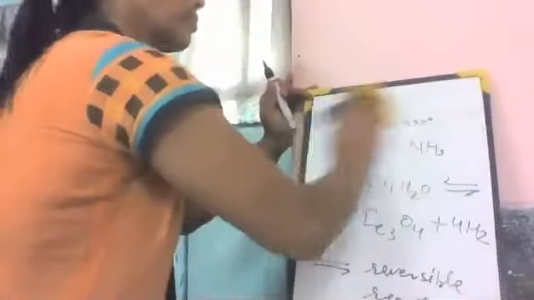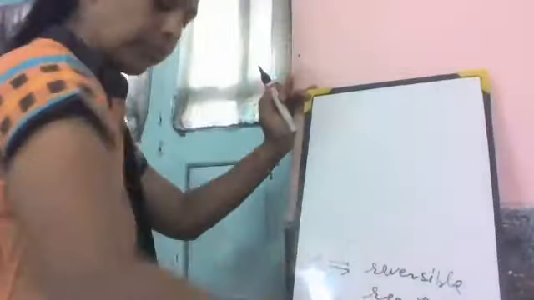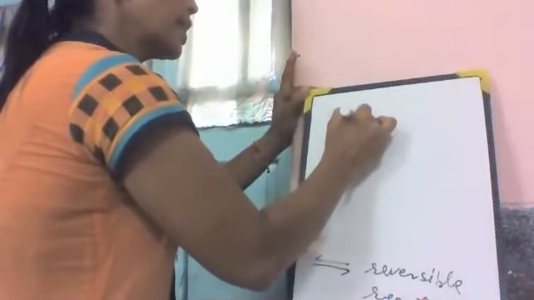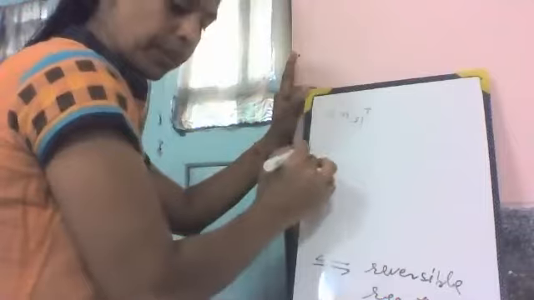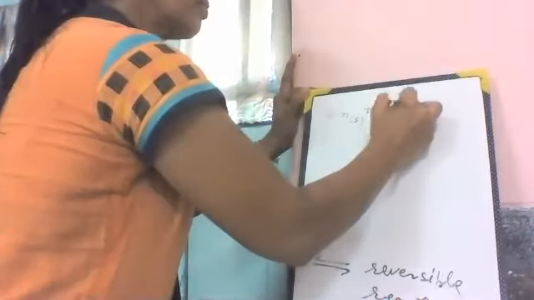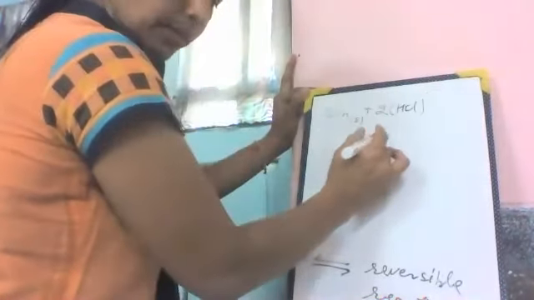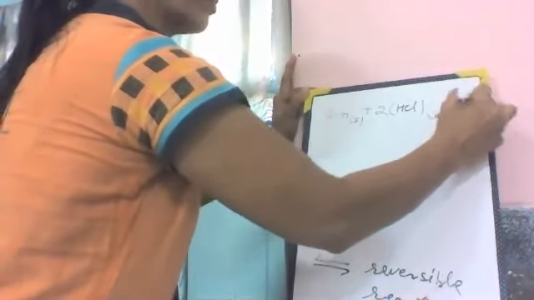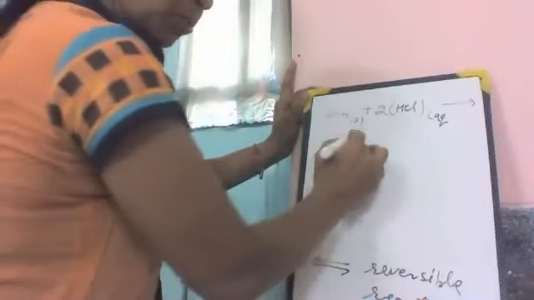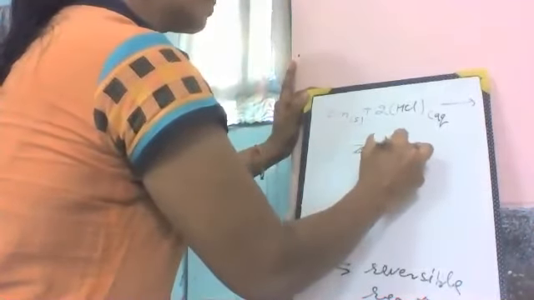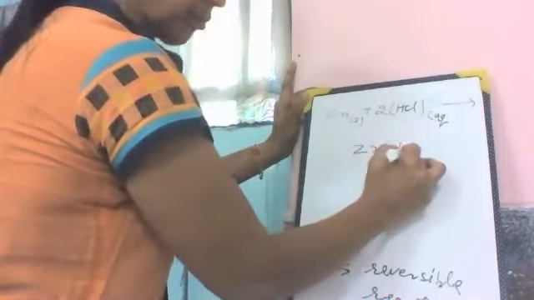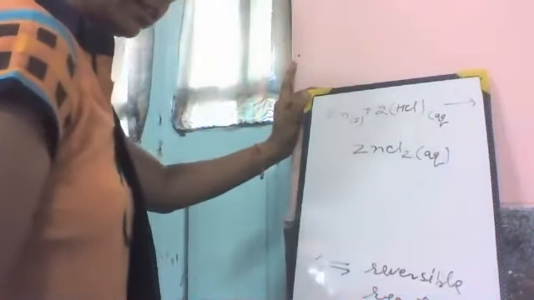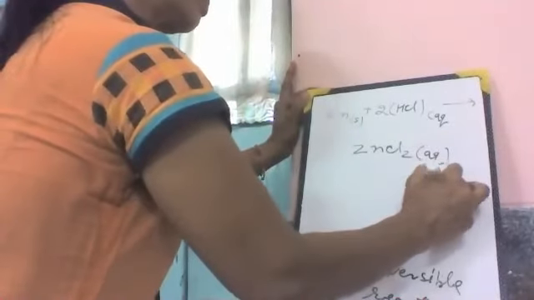See, zinc is taken in solid form, 2HCl is an aqueous solution, they react with each other to produce ZnCl2, also an aqueous solution, and produce hydrogen.